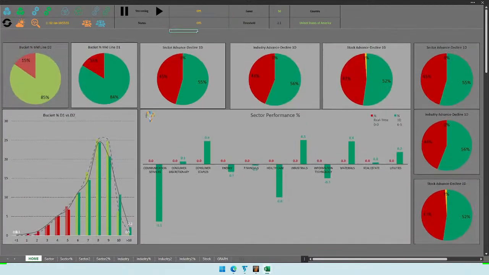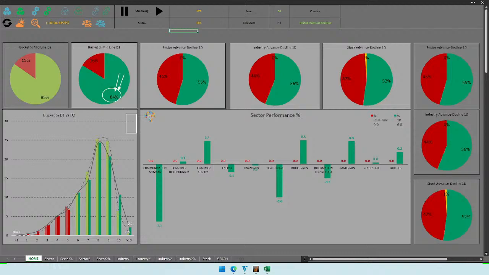What about the bucket analysis? Earlier, when the market dropped, the percentage of stocks here above mid Bollinger Band was very small. Now it is above 84%, very high. From downtrend, it came to uptrend. From that perspective, bucket analysis perspective, is it overbought? Not at all.